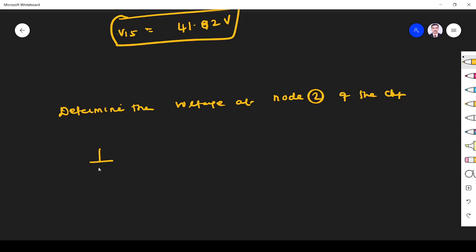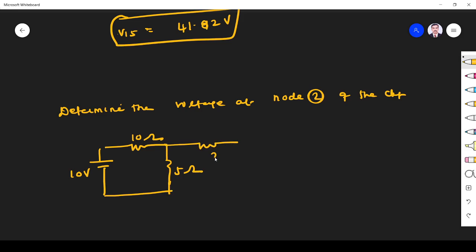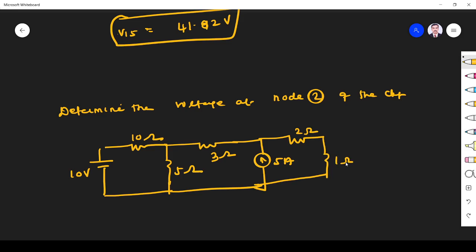The circuit is given here: 10 volt, 10 ohm, 5 ohm, 3 ohm, 5 ampere, 1 ohm, 6 ohm, this is 3 ohm.